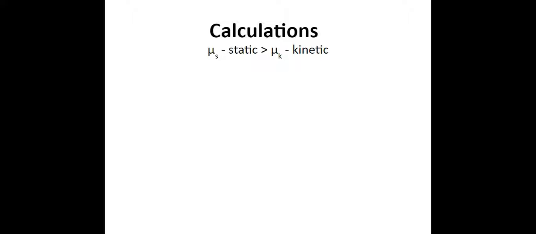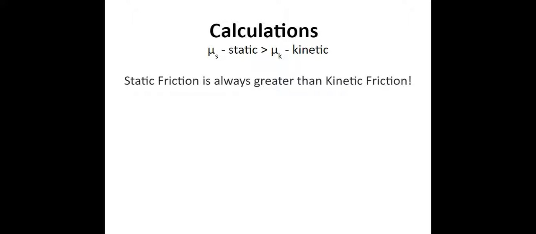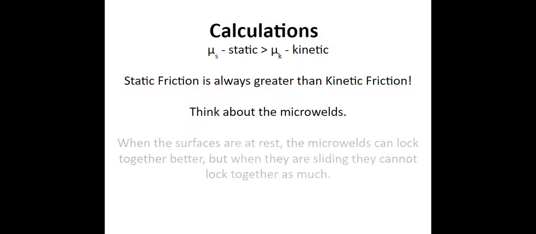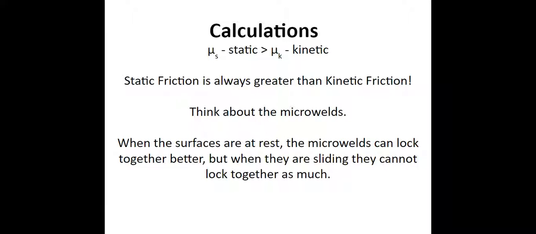Something else that I want to talk about, mu static is always greater than mu kinetic. That means that the force of static friction will always be greater than kinetic friction. Now, why is this the case? If you think about the micro welds, when the surfaces are at rest, those peaks and valleys can interlock more.